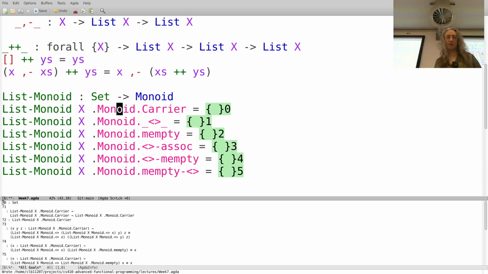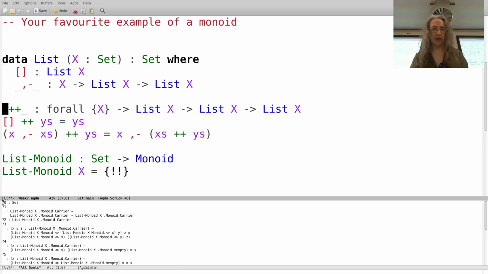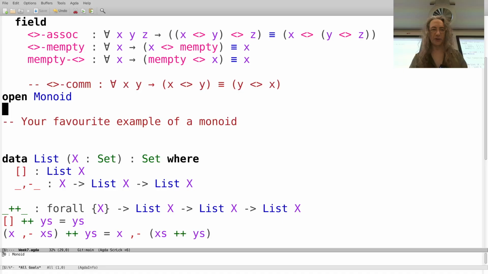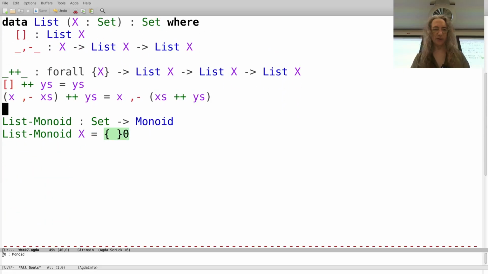And then it's going to give me a bunch of stuff. Should I open Monoid? Okay. Because I haven't brought the field names into scope, which I'm now doing, it gives me lots of stuff.